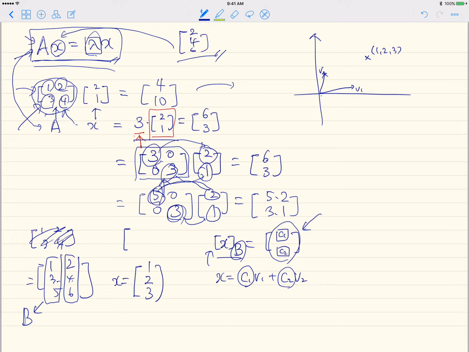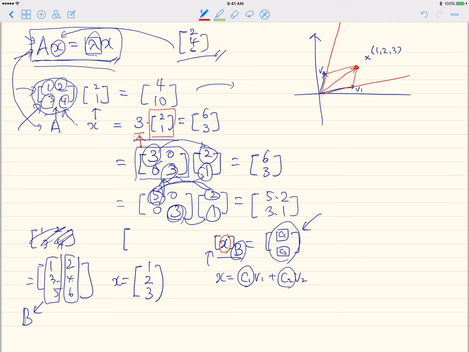Okay? So geometrically, what is the coordinate vector of this? I'm going to give you this vector as x, and what will be the coordinate of it with respect to the basis B?